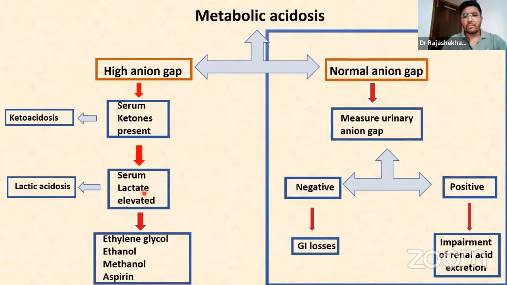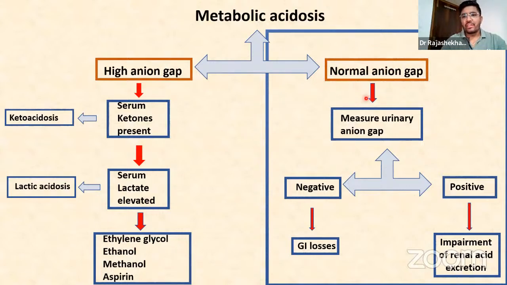Nowadays, the serum lactate measurement is very important in case of an emergency, because in the Surviving Sepsis Campaign first hour bundle, we have to measure the lactate. If the lactate is elevated, then it is lactic acidosis. In the case of high anion gap metabolic acidosis, if the serum ketones are not elevated and serum lactate is not elevated, then you try to rule out the other causes, as I told you, the poisonings, etc.